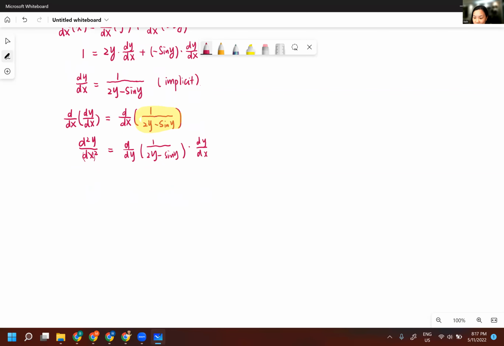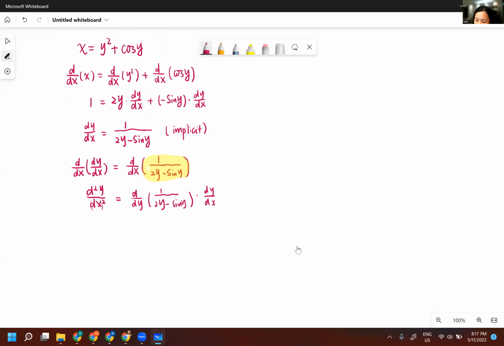Okay, so my next thing to do is the quotient rule: d high, low, minus d low, high, divided by low squared, times dy/dx.